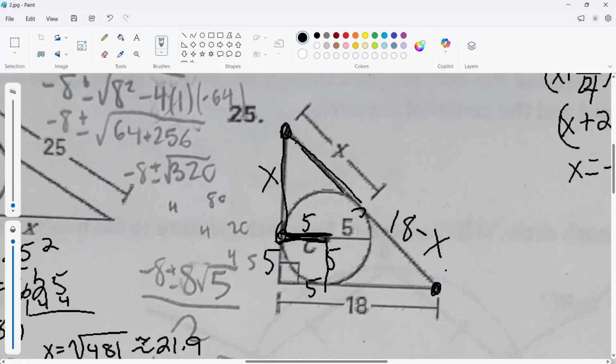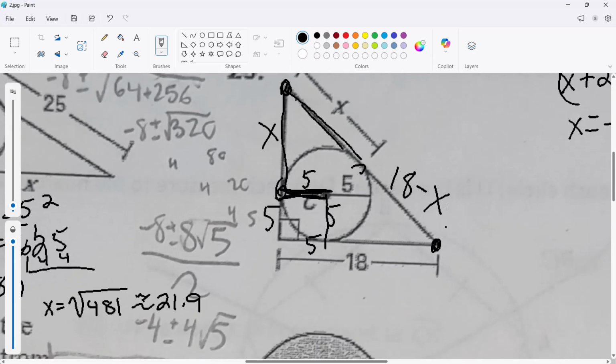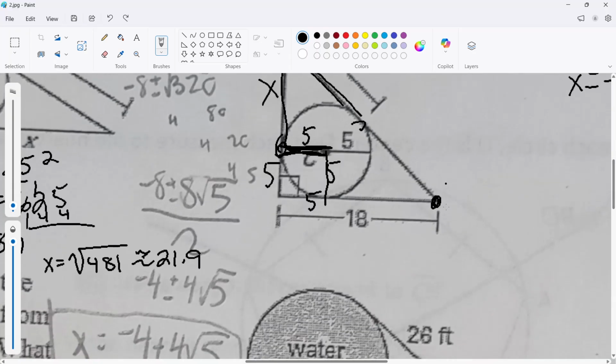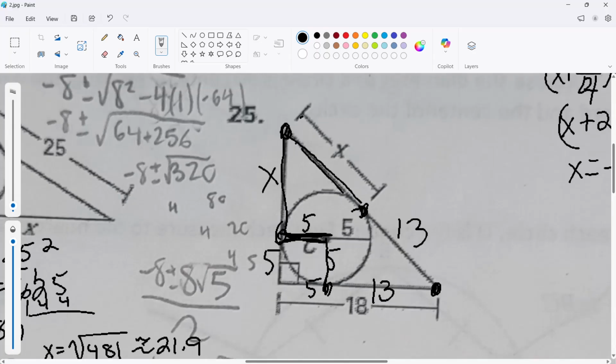I think that's good. Oh, wait a minute, that whole thing is 18. Wait a minute, wait just a minute. That means this is 13. This part is 13, and so the segments that are tangent to that circle are both 13. Okay, so that makes this whole side 13 plus x. Okay, now I've got it.